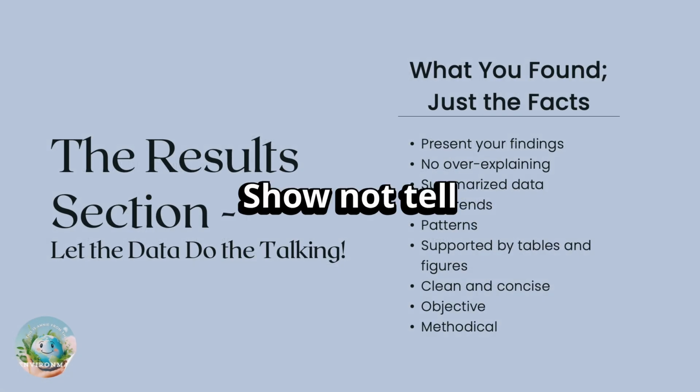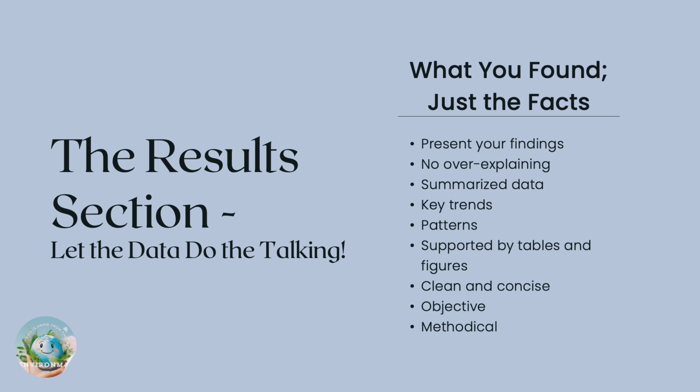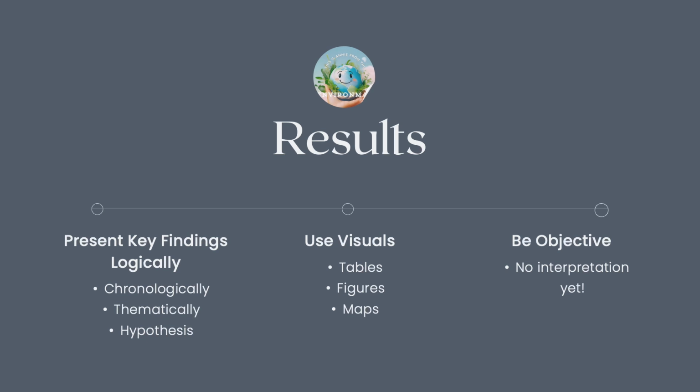This is where you show, not tell. Think of it like laying out your cards on the table, but no over-explaining. Let the data do the talking. This section should be clean, objective, and methodical. Present your key findings logically, chronologically, thematically, or by hypothesis.